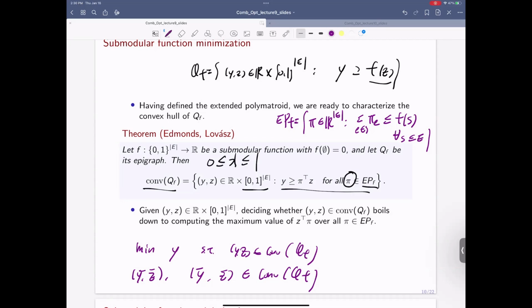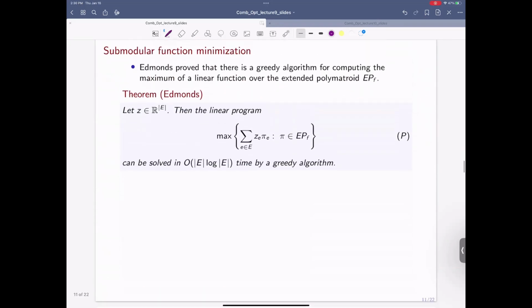So the separation problem is equivalent to solving this maximization problem. I'm given a vector z, and I take this linear function z transpose pi, and I compute the maximum value of z transpose pi, where pi is taken over the points in the extended polymatroid. So this is equivalent to the separation problem.